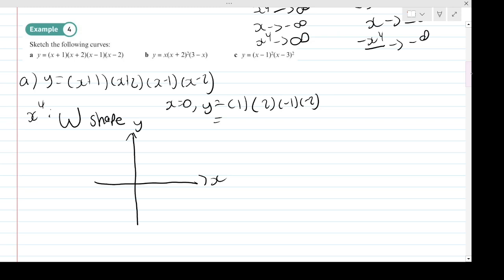What's that going to get me? Well, that'd be positive 2, then minus 2 afterwards, that'd be plus 4. I'm going to get rid of that now because I'm going to need room for the next question after. But y should be 4 if you just plug in 0 there.